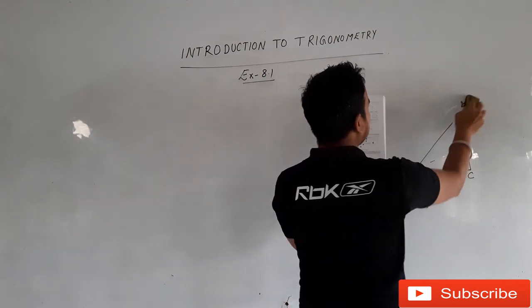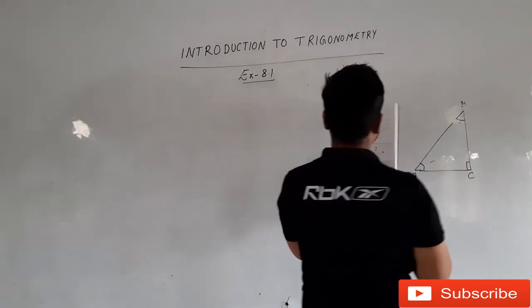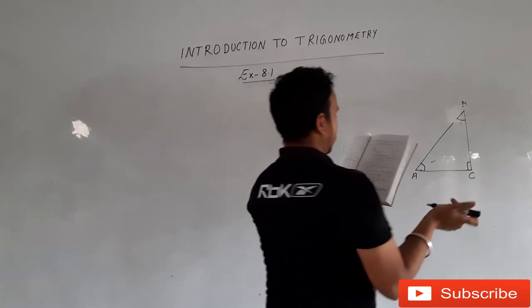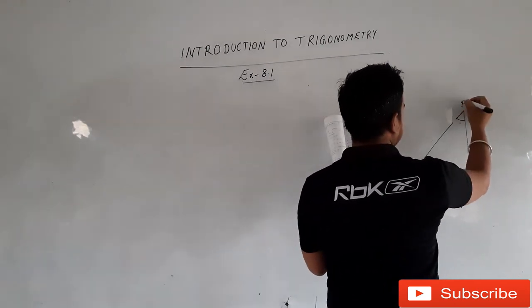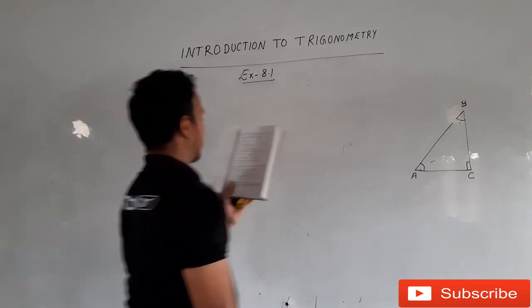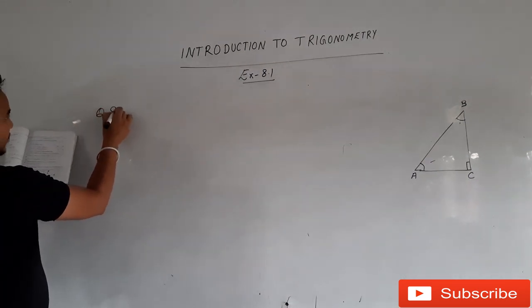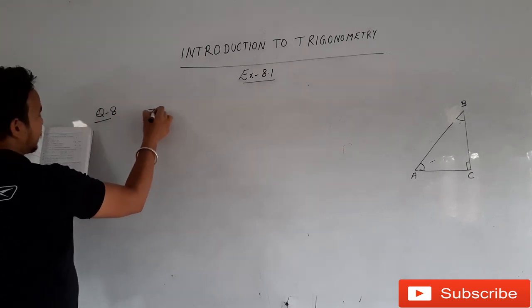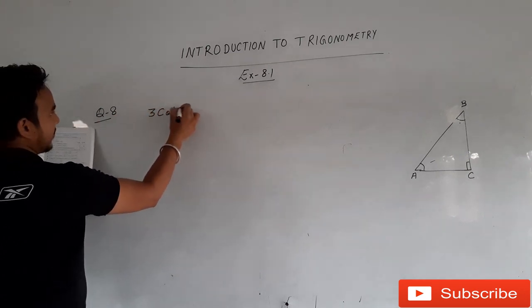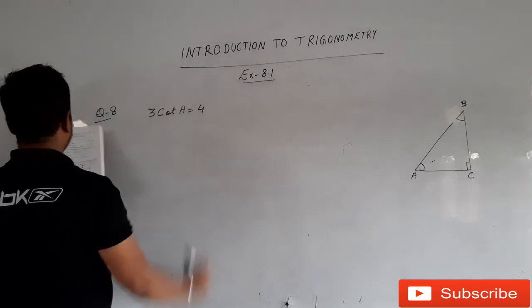We are going to solve question number 8. The given condition is 3 cot A is equal to 4.